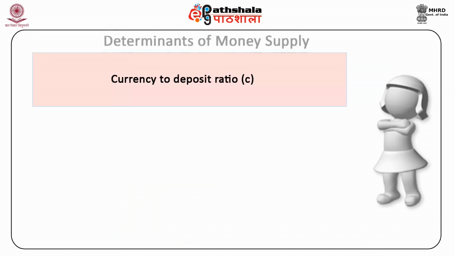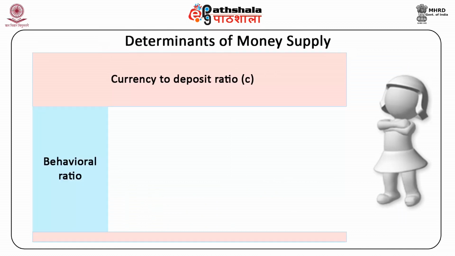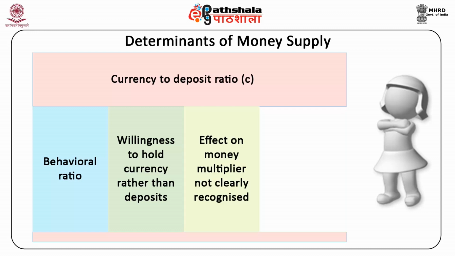Currency to deposit ratio. It is a behavioral ratio, as its value depends on the willingness of people to hold currency rather than deposits. Its effect on the money multiplier cannot be clearly recognized as it enters both as a numerator and a denominator in the money multiplier expression.